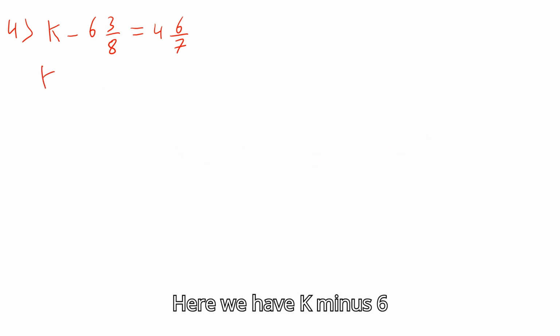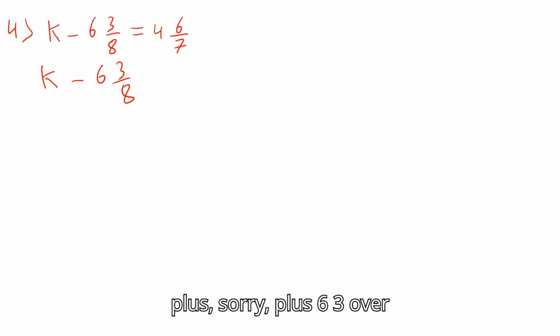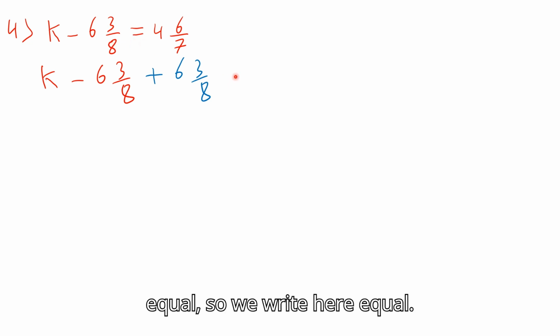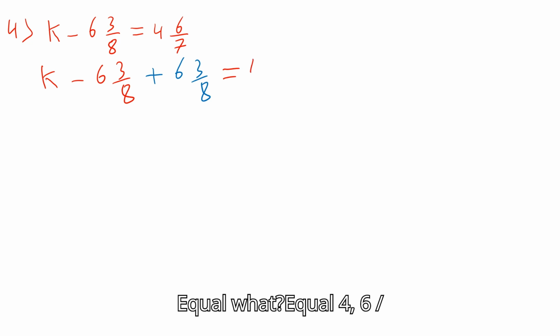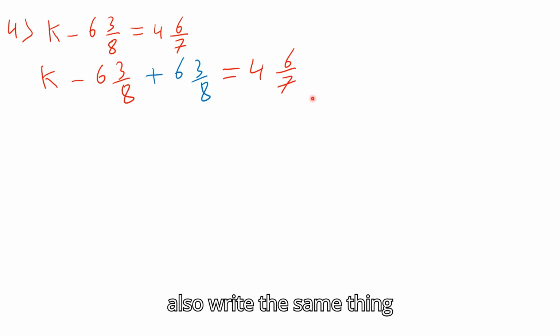Here we have k minus 6 3/8. So we write here plus 6 3/8. And we have equals 4 6/7, as we wrote here, plus 6 3/8. So we also write the same thing on the other side.